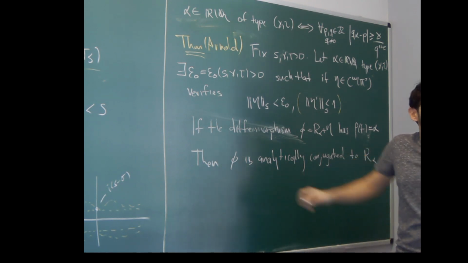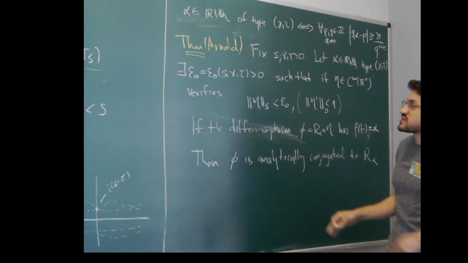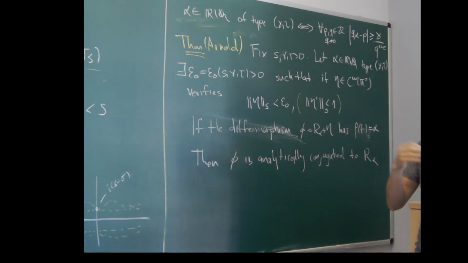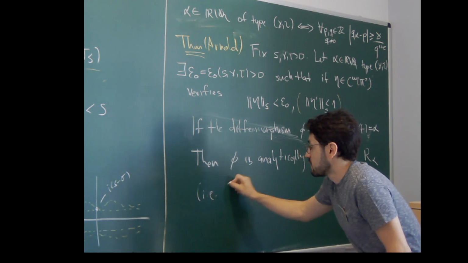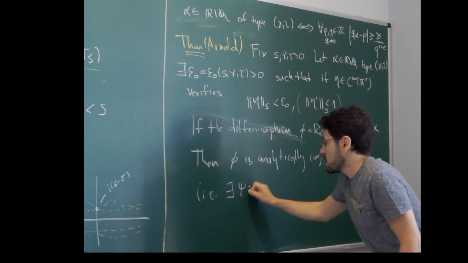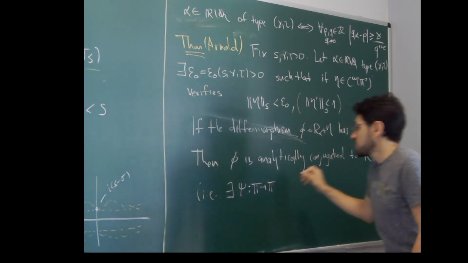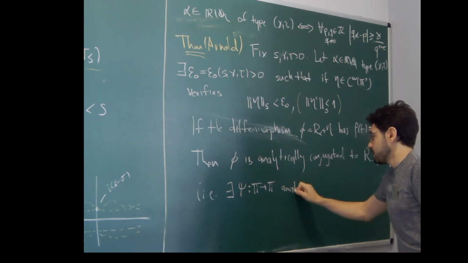When I say analytically conjugated, I want to think of this conjugacy only on the torus. It will be defined in some complex strip, but for the moment think of it as I can find some transformation psi from the torus to the torus, an analytic diffeo.